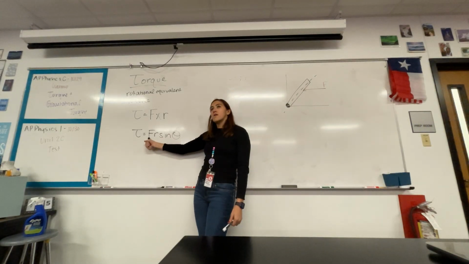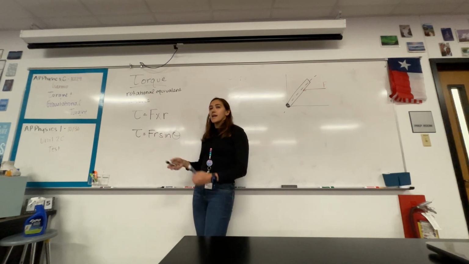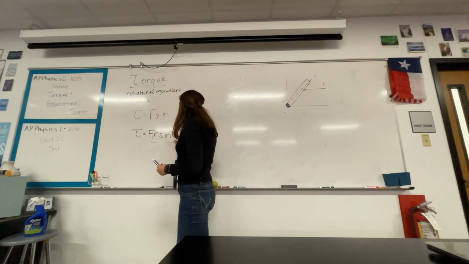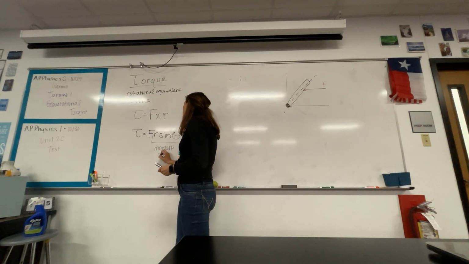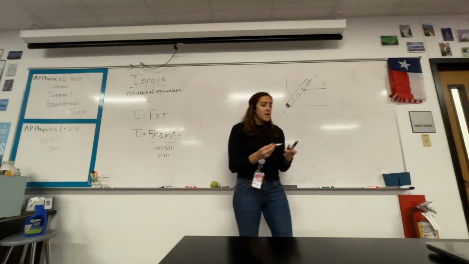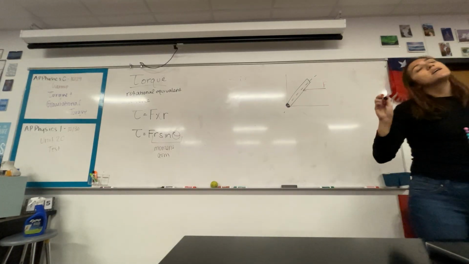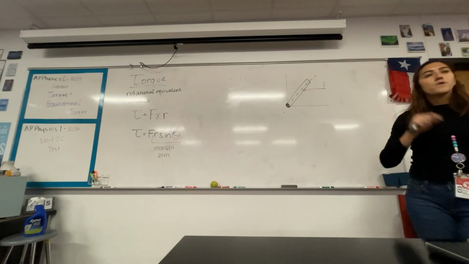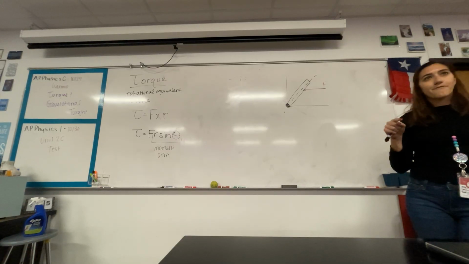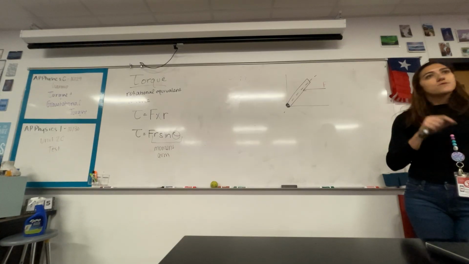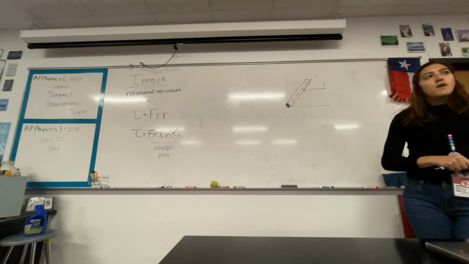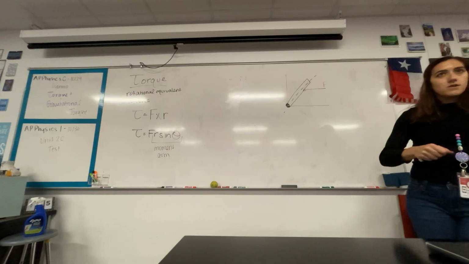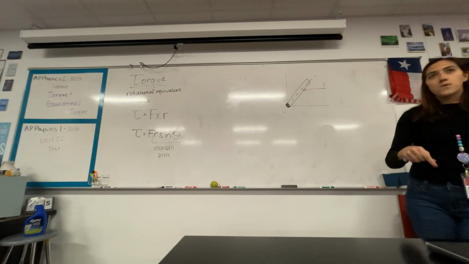Now I leave force alone, and I think about this distance, r sine theta. That's going to be my moment arm. It's the exact same thing. The equation didn't change at all. The reason I like to do this is because when you draw a moment arm, you can be 100% sure that the angle you're using is the right one.